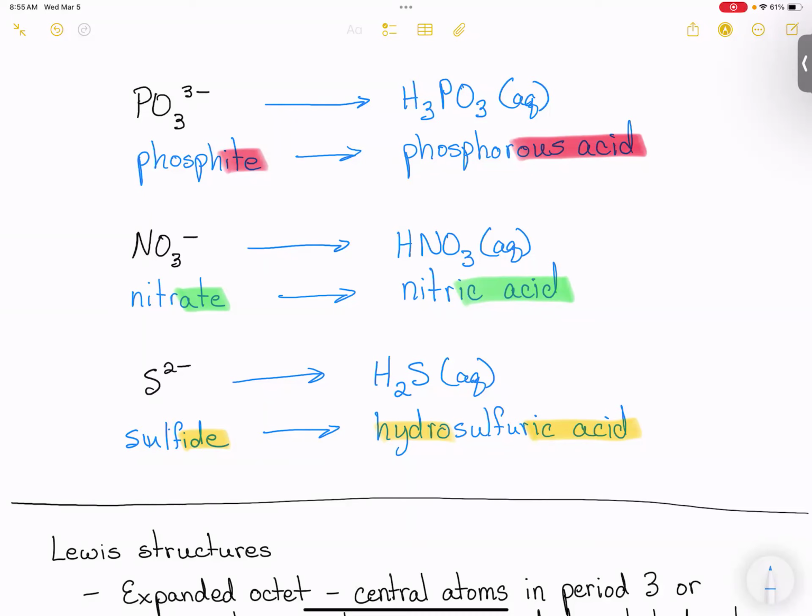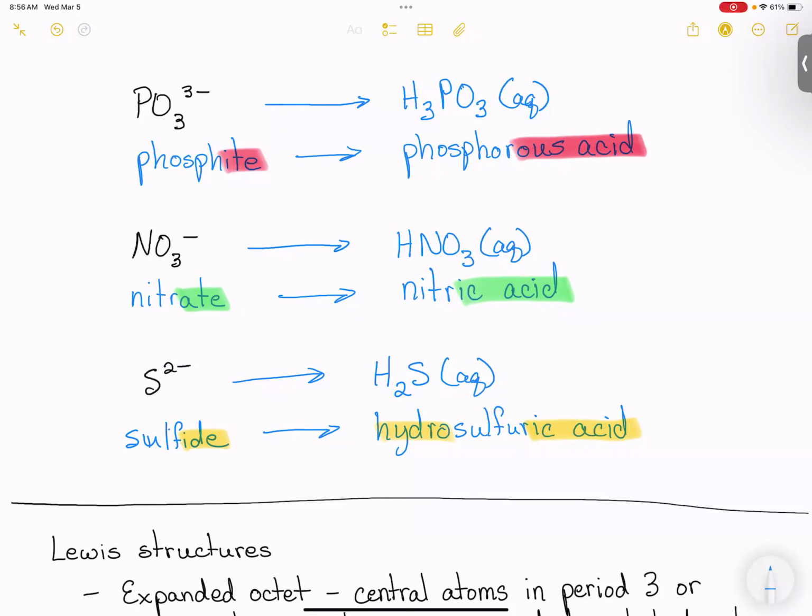Finally, you have acids. And we talked about how to name an acid and how to develop the formula for an acid. Whether it is a binary acid or whether it is an oxyacid, the process is the same.